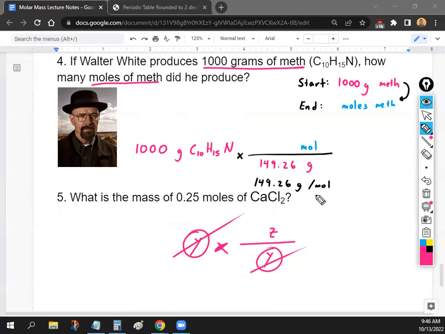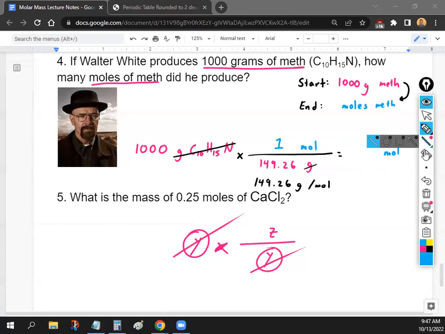If there's no number next to it, it's not 0, it's 1. So there you go. That is your equation. Now, like we said earlier, the grams are able to cancel out. And if you guys notice, the only unit of measurement we have left over is moles, right? So all we have left over is moles.